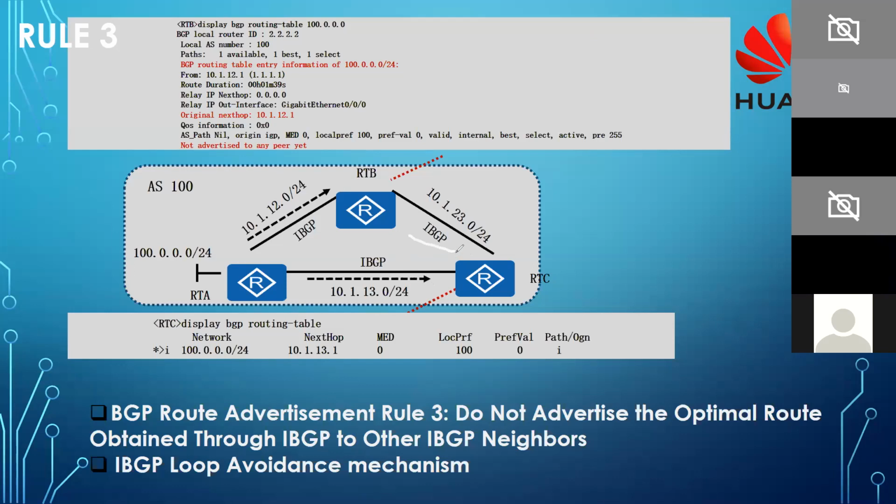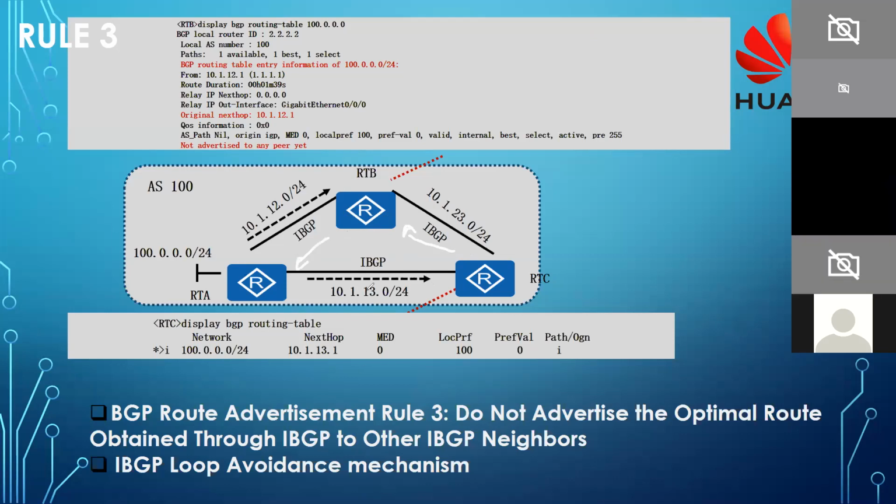It will send it to RTB. RTB received the advertisement via RTC. It will send it to RTA. We have a loop if this mechanism doesn't exist. This is why we don't advertise the iBGP received route to an iBGP neighbor or peer.